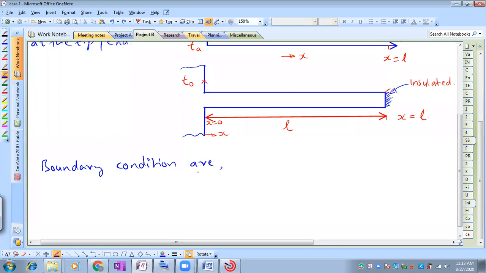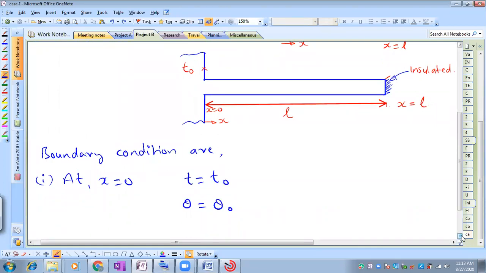In this case, what are the boundary conditions? The first boundary condition is at x equal to 0, where T is equal to T0. If I put T minus TA, this will be theta equal to theta 0. Clear?